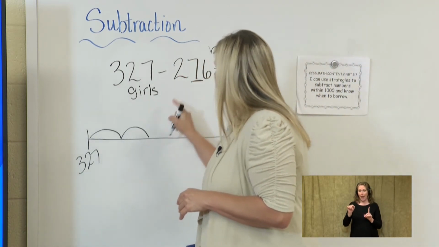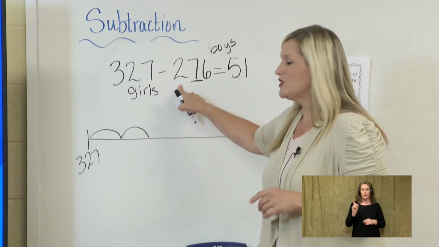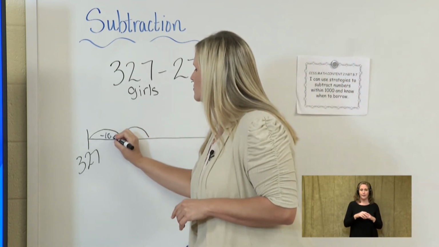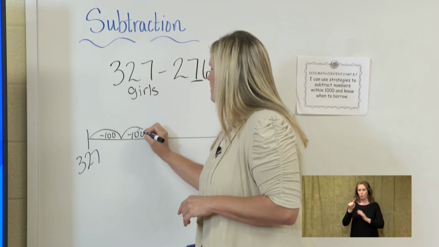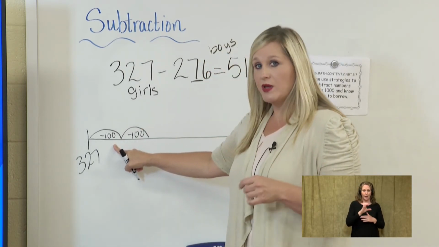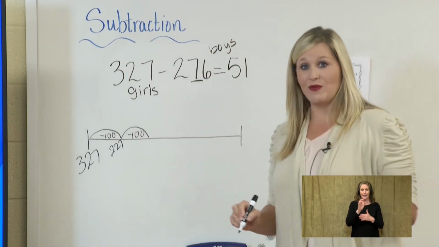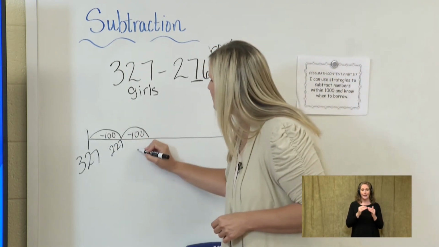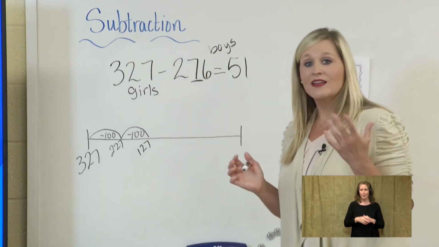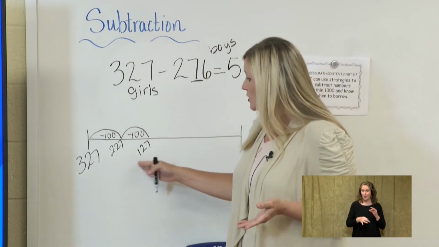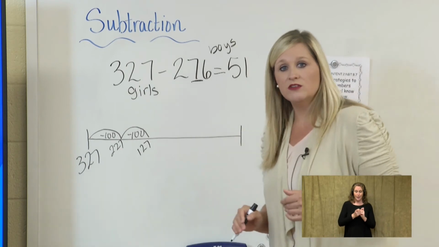So we're going to take away how many hundreds? 200. So we say minus 100, minus 100. So if we take away 100, it becomes 227. If we take away another 100, it becomes 127. See, that was pretty simple because the only digit that we're changing is the digit in the hundreds place.